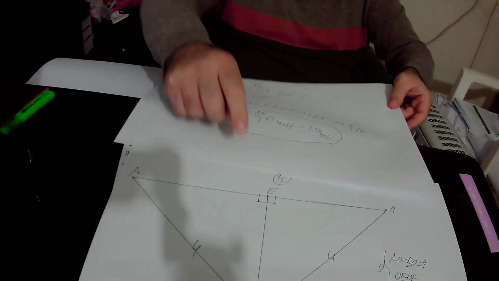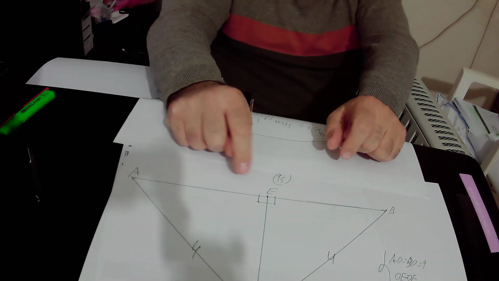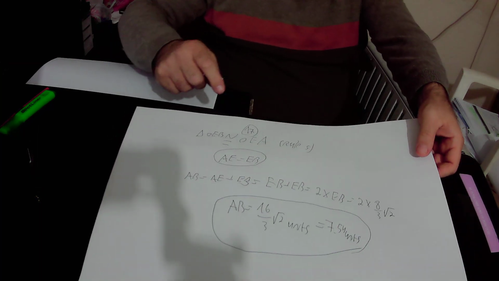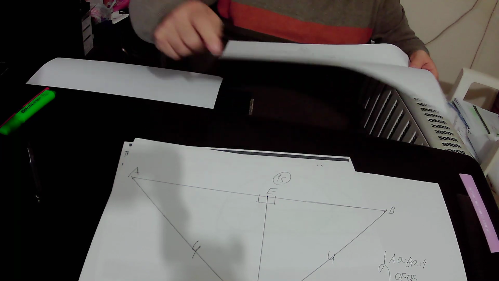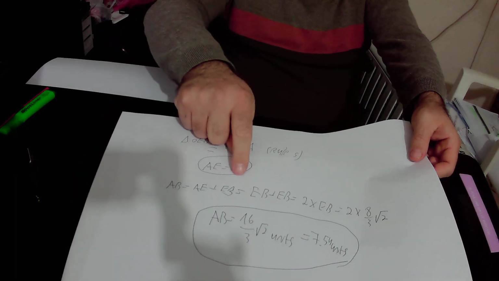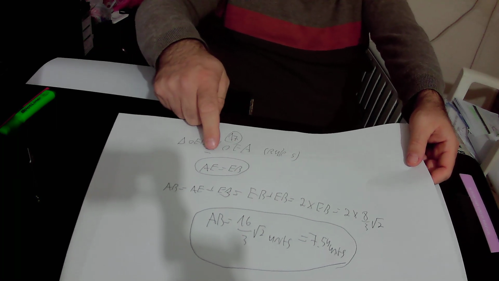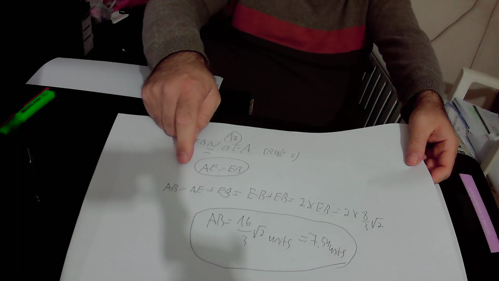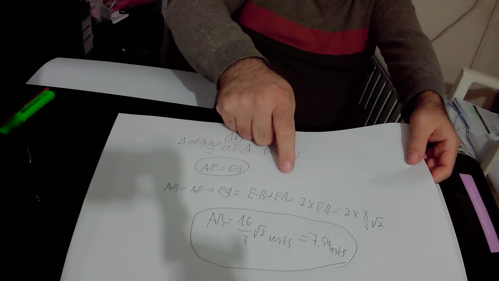And what is the value of AB? AB equals AE plus EB. We already found that AE equals EB, so we can substitute AE by EB, and we got that AB equals EB plus EB.